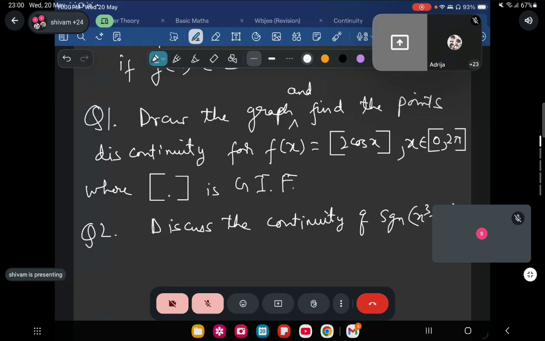Okay, Rhythm, points of discontinuities are correct. Draw the graph. Yes, Aditya, you are making a mistake with the graph as well. Samragni, check your answer again.